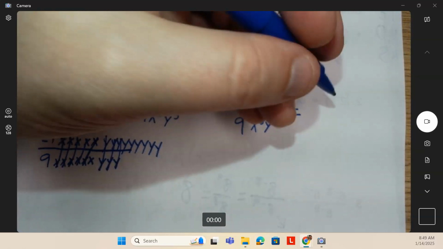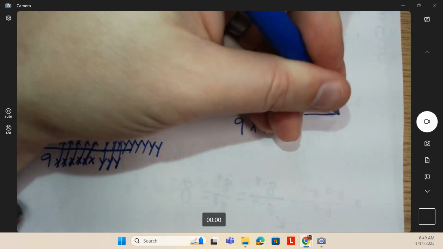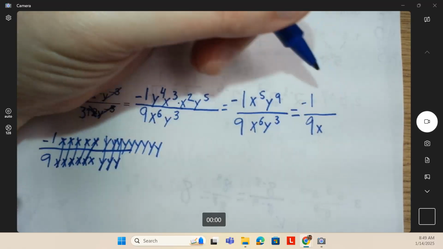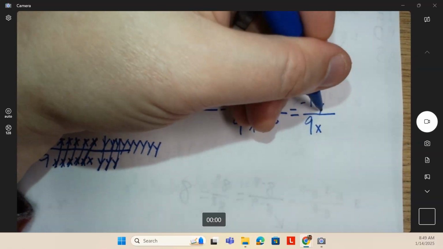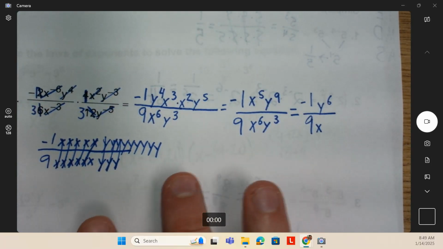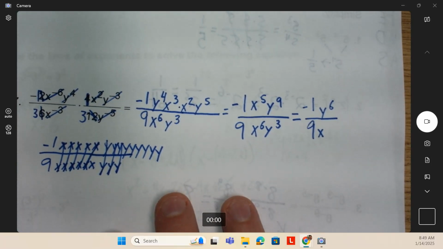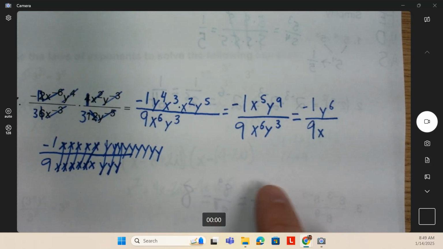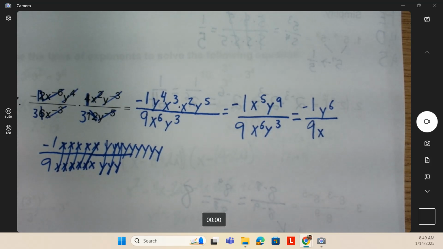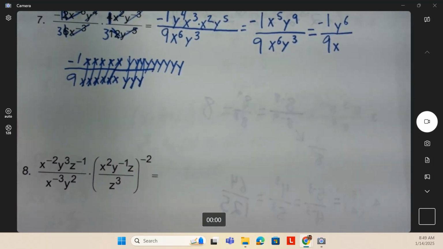So that left me with 1x on the bottom and 6y's on the top. So either way, more than likely you're going to combine some of those steps, so it's a little less writing, but that gives you each of those steps as you go.